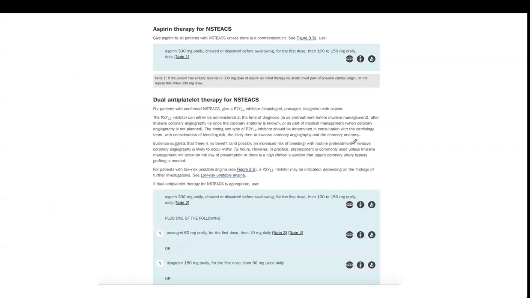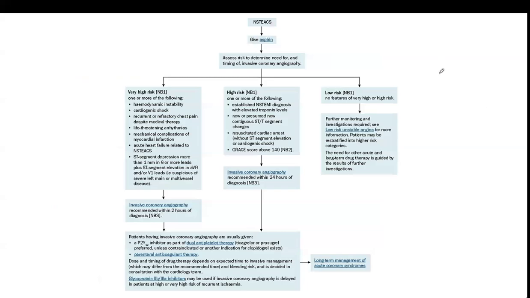Now, what about a patient who has got non-ST elevated MI? Non-ST elevated MI means that it is not a full infarction. That means it's not completely blocked. For that patient, there is no role of reperfusion.